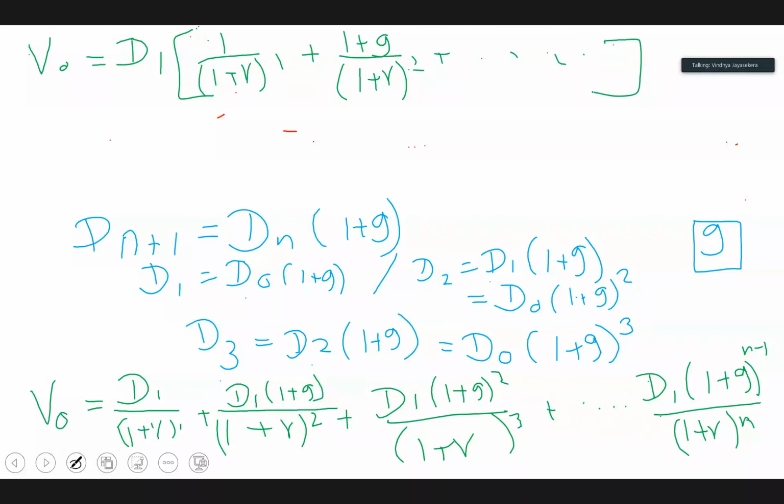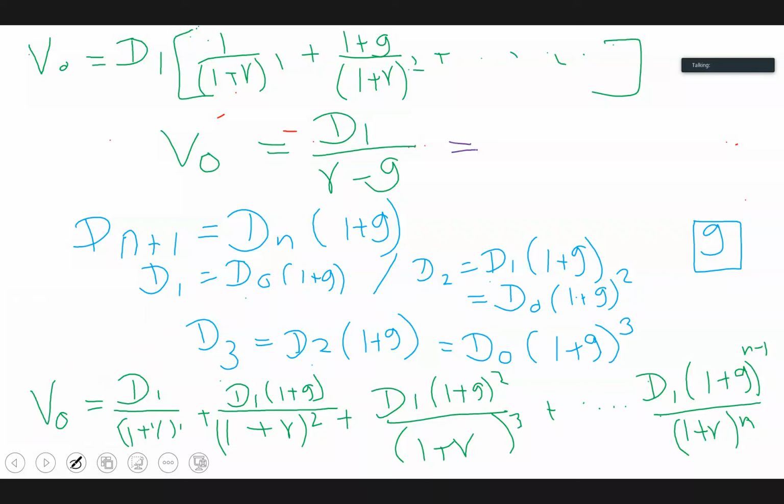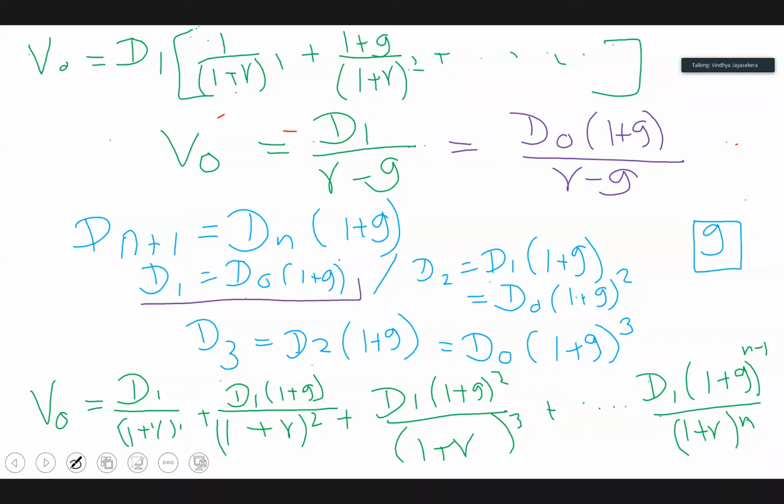And then this equation condenses to D1 divided by R minus G. This equation finally condenses to D1 divided by R minus G, or in other words, D naught into 1 plus G divided by R minus G. Right? Because D1 is equal to D naught into 1 plus G.